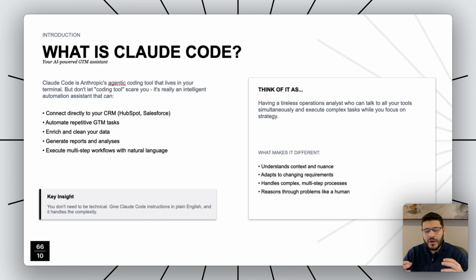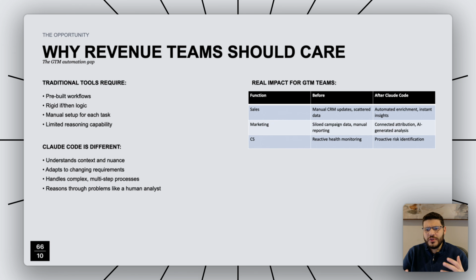And the beauty of what makes it different is it really understands context, right? When you provide it with the right context, it also is able to adapt to changing requirements, can handle complex multi-step processes, and it kind of sort of reasons as if you're working with a human, right? So why should revenue teams really care about this? Well, I think in the traditional sense, these pre-built workflows are very rigid, right?